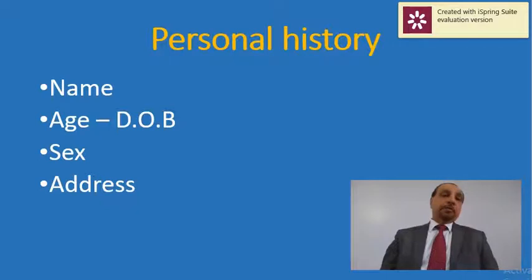The address is important again. The address is important for many things. If this child is living far from the hospital, it's different than if they are living beside the hospital. Sometimes the baby is in the emergency room, for example with bronchial asthma, and we have given him some ventilator nebulization, and I am hesitating whether to admit him or not, and the mother has some situation where she cannot be admitted with the child and she has to go home.